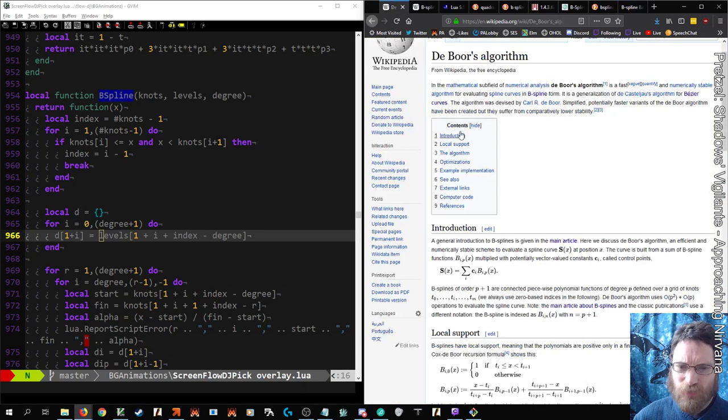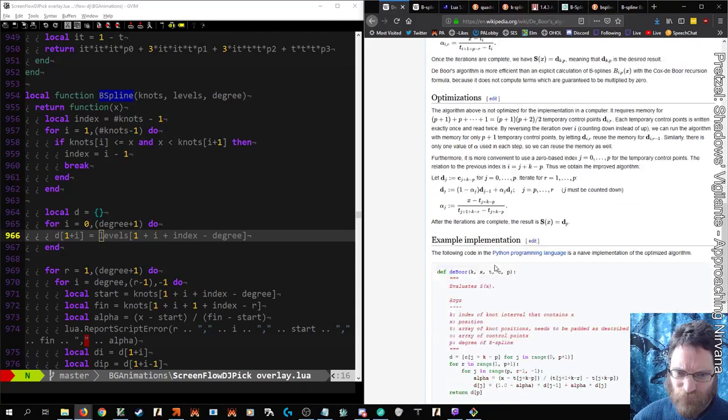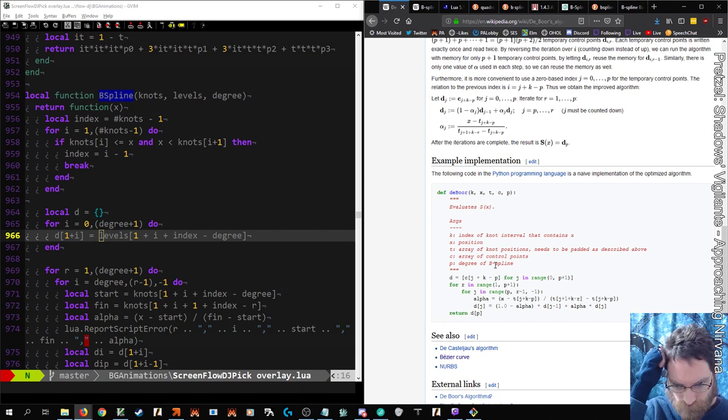Maybe this algorithm is for very specific relationships between things? Degree of B-spline. They might be assuming a certain number of points for a certain degree spline.